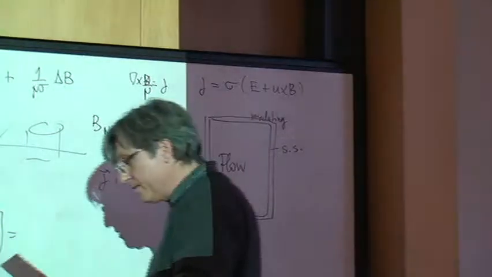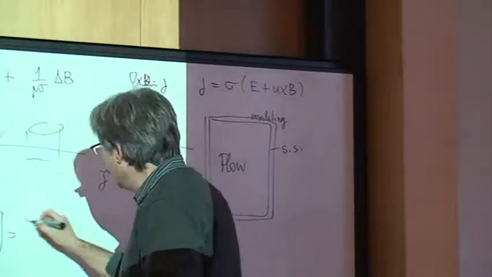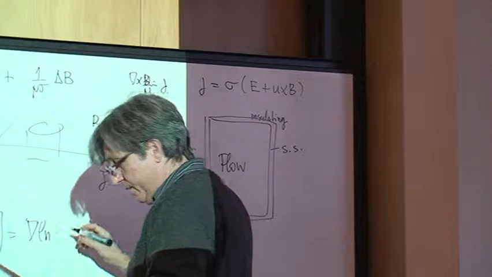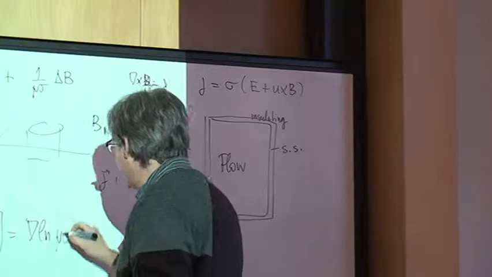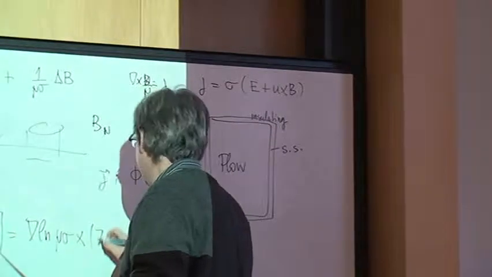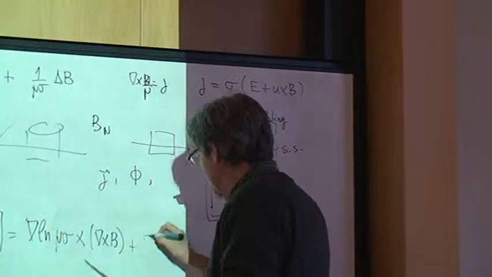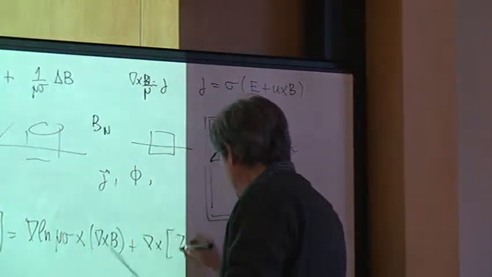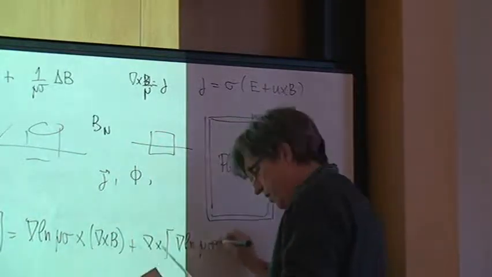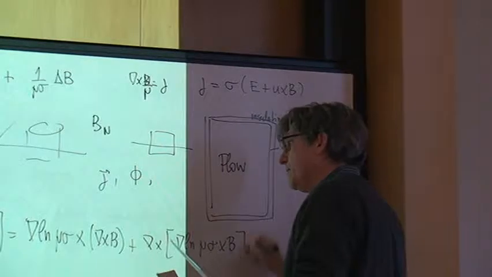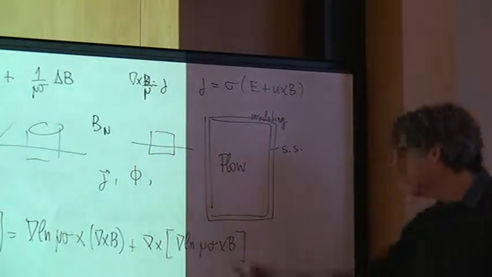You end up with a number of terms: the gradient of the log of mu sigma times curl B plus the curl of the gradient of the log of mu sigma times B. This one's a funny one.